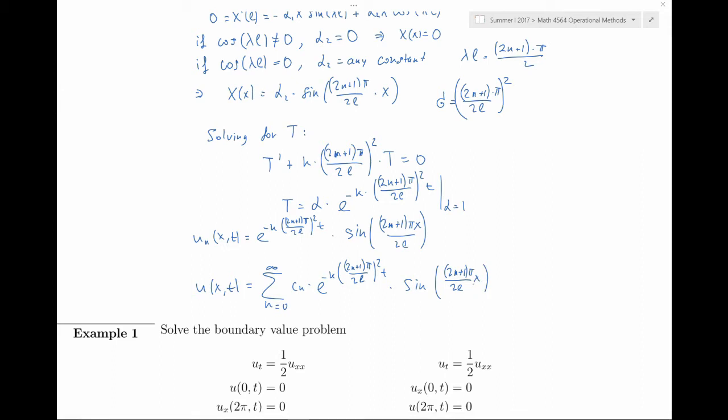Easy to see that to satisfy the initial condition, I will have to plug in t equals 0, and then the exponential function would disappear, and I would have to compute the quarter period series for my function f of x. Through very similar computations, we will discover that in the case when the roles of the endpoints switched, when it is a zero flux at the zero end and zero temperature at the end L, we get, instead of a quarter period sine series, the quarter period cosine series.